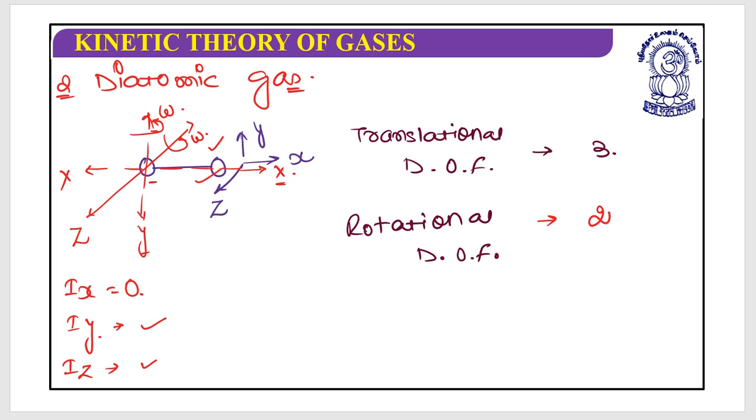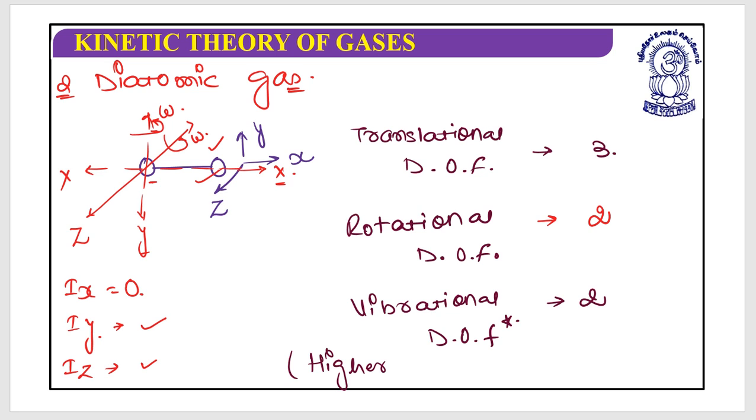And last but not the least, vibrational degree of freedom. Vibrational degree of freedom, yes, it is 2. But this could generally be seen at higher temperature. If temperature is normal, this cannot be seen.